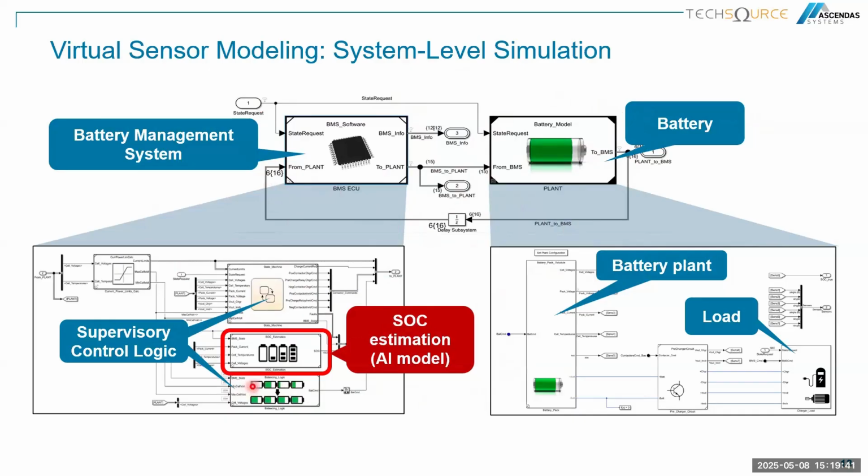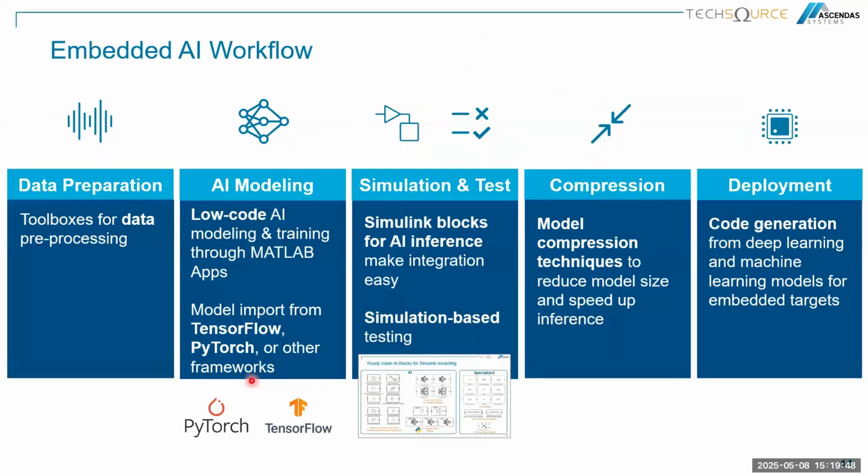Based on this Simulink model, we will try to bring AI to match with the model-based design workflow. For example, this is the AI workflow: you need to do data preparation, design the AI model, and then do code generation to deploy the AI model.